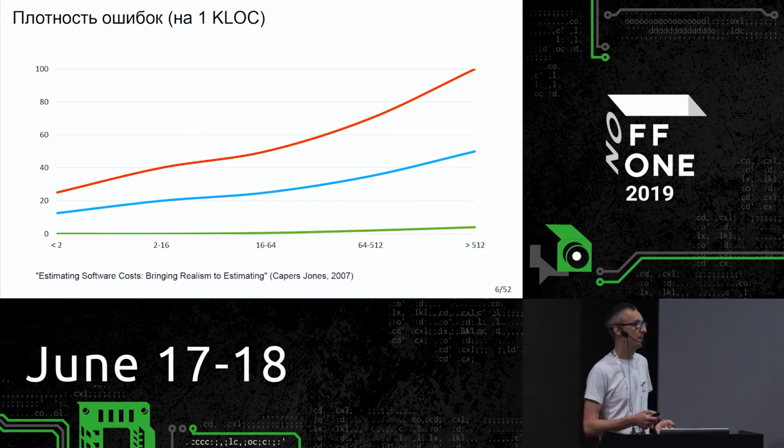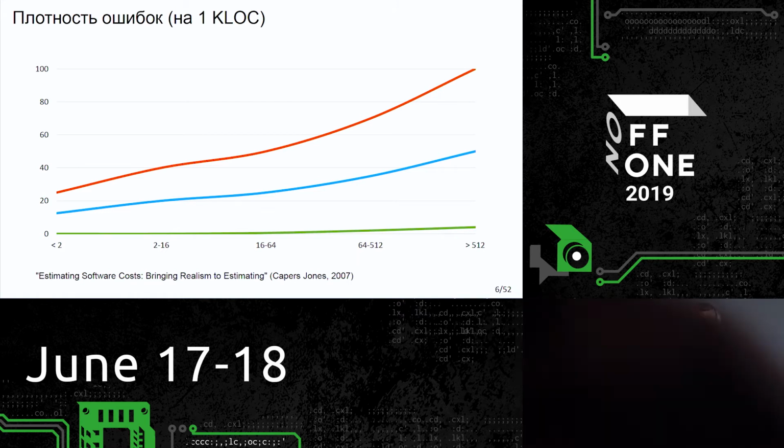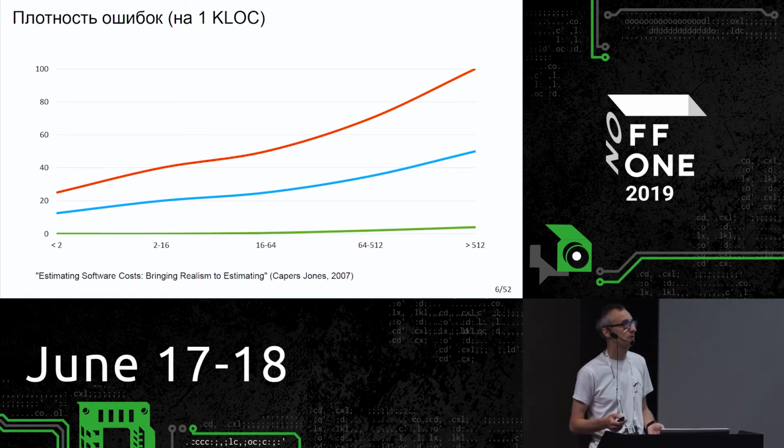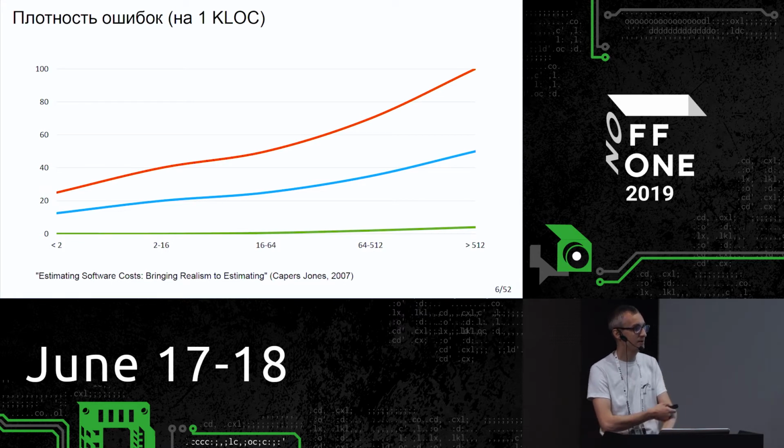There is no software without mistakes, but there is research showing that the bigger your program is, the more errors it has, and it's not a linear dependency. If you look at this graph, on the x-axis you can see 1,000 lines of code, and on the y-axis the number of mistakes per 1,000 lines.